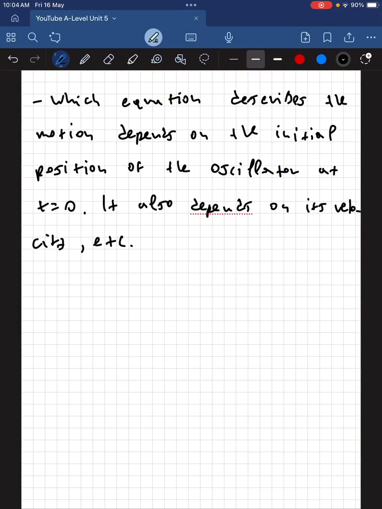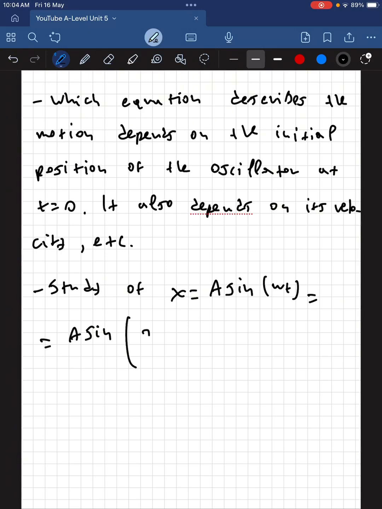So let's see this through an example. So study of x equal to a sine omega t, which can also be written as a sine of 2 pi over T times t. Okay, so I substituted omega for 2 pi over T. So this equation, let's call it 1.